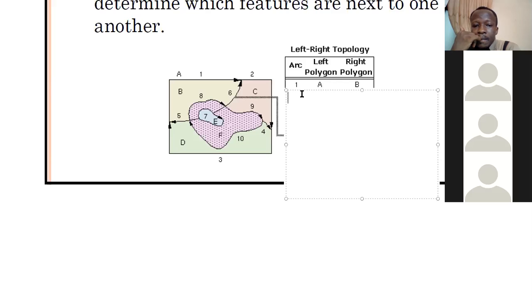It's A and C. Exactly. A will be to the left and C will be to the right. So you got that right.